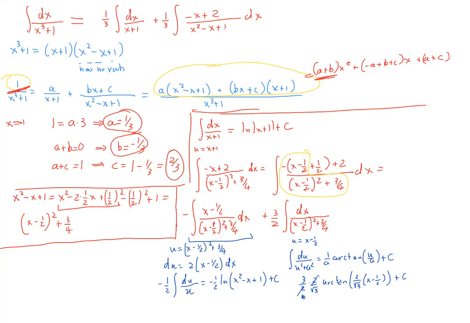And let's see if we can put everything together. So the final answer will be, we had 1/3 ln of x plus 1. And then we had another 1/3 that we took out.